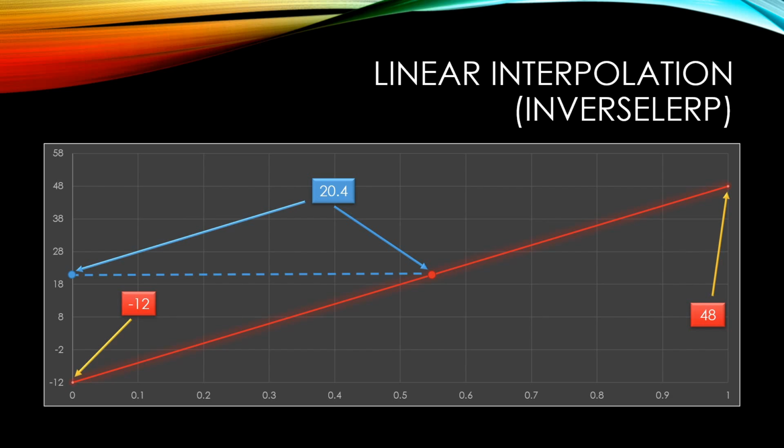Let's say I'm trying to figure out what percentage of distance I need to cover based on a 20.4 value that I am passing in. In other words, again, we're looking for what this value is here on the x-axis. We don't know what that is.